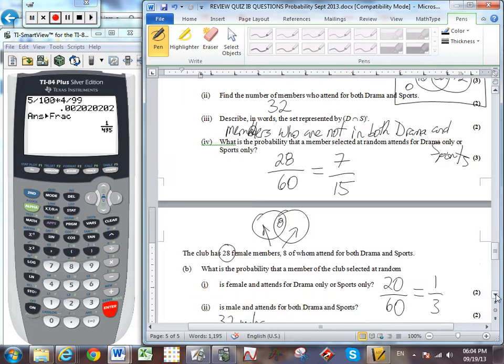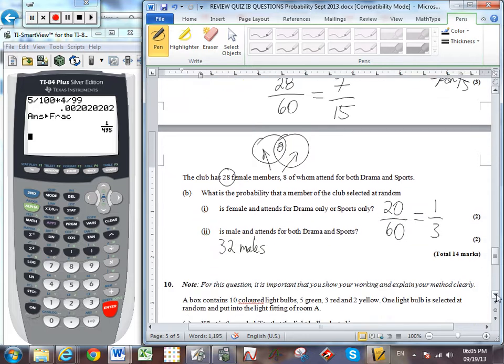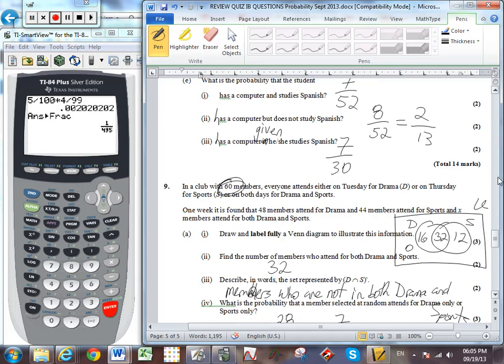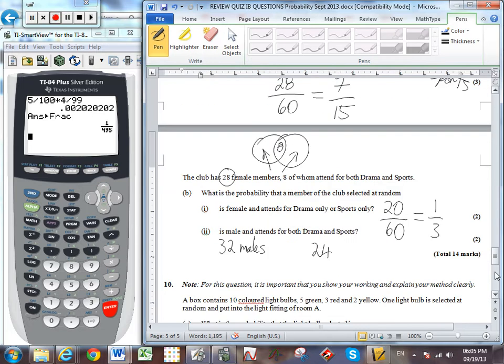Of the 32 total members who are taking both drama and sports, 24 of them are males and the other 8 are females. So we're still selecting from everybody in the club, so 24 out of 60, and that reduces to 2/5.